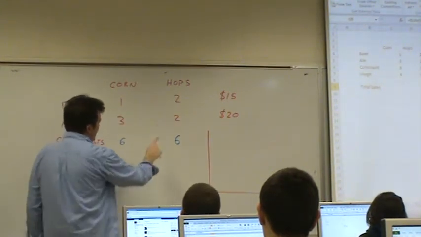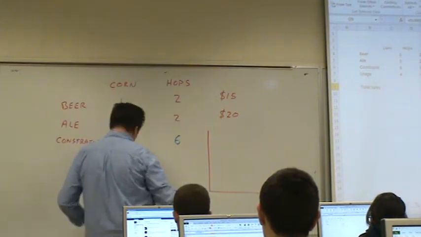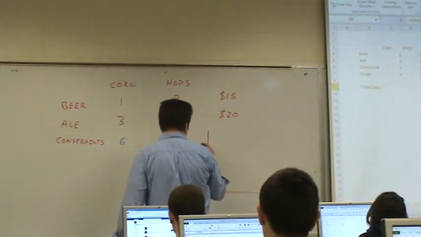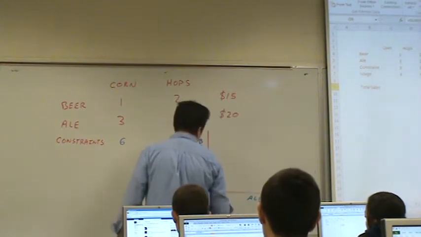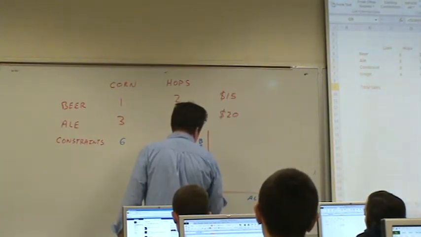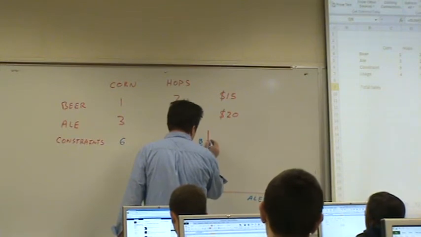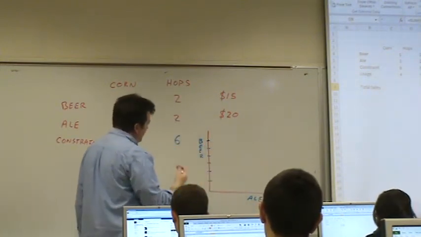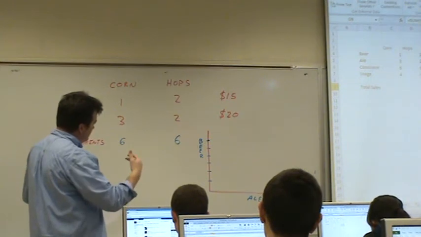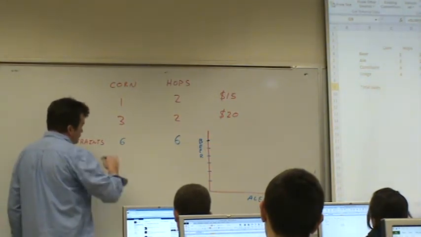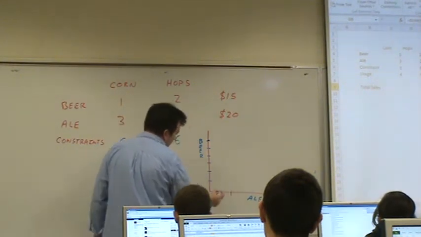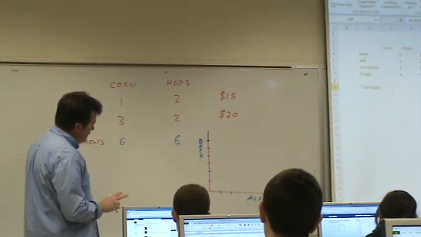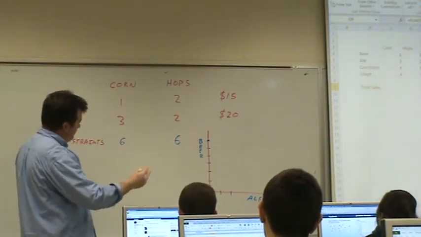But unfortunately, we don't have enough hops to do it. But from the point of view of corn, so this is beer, and this is ale. From the point of view of corn, if we dedicated all the corn to beer, we have enough corn to make 6 barrels of beer, assuming we had unlimited hops. And we also have enough corn to make 2 barrels of ale, assuming we had unlimited hops.